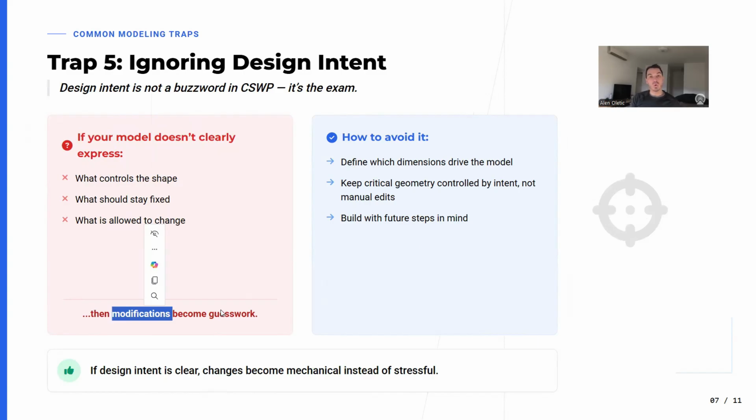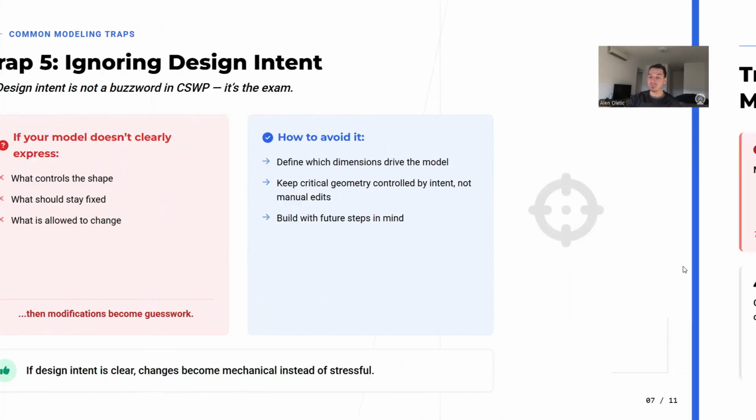So you must know what will change, right? You must know what the main dimensions are. So how can you avoid that? Define which dimensions drive the model. That's the first thing. Then keep critical geometry controlled by intent, not manual edits. And then build with future steps in mind. That's why you must know what's the main dimension and what is not. If design intent is clear, changes become mechanical instead of stressful. So this is trap number five.